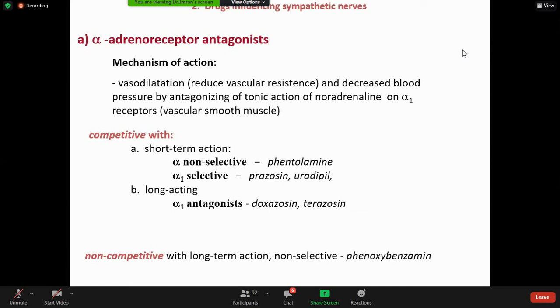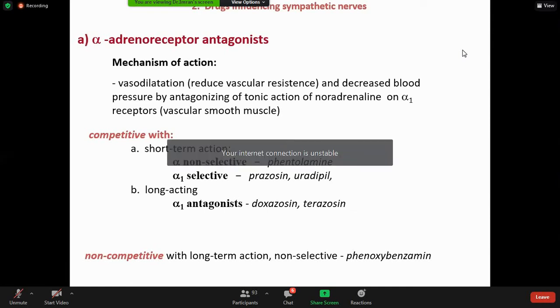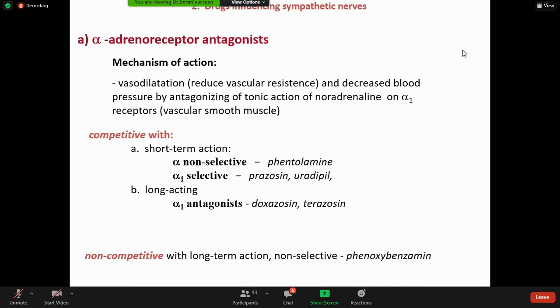Agonist activity is responsible for producing vasoconstriction. So with an alpha adrenoceptor antagonist, you can easily understand that agonism leads to vasoconstriction, increased peripheral resistance, increased venous return, increased cardiac output, and increased blood pressure. If we block this receptor, more specifically the alpha-1 receptor, there is vasodilatation, pooling of blood, decreased venous return, and decreased cardiac output.